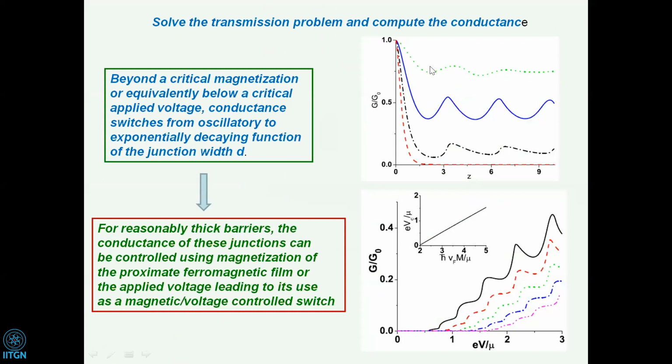These curves correspond to: the green, almost 0 magnetization; the blue, a little larger magnetization; and the red, just the critical magnetization. Beyond the critical Z, which is the thickness of this barrier, the conductance just goes to 0. So you can have a switching device where you use magnetization as a switch to control electric current.